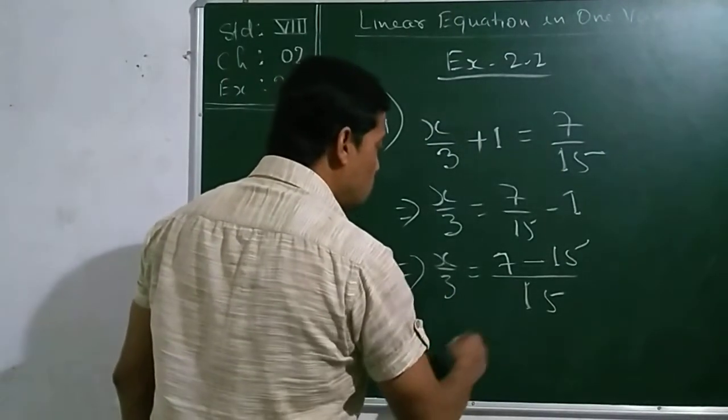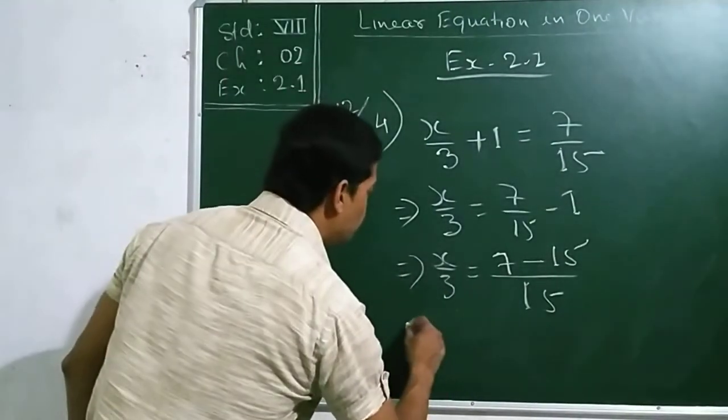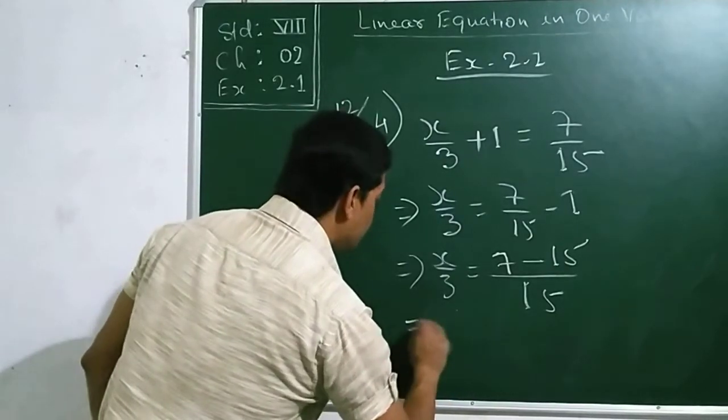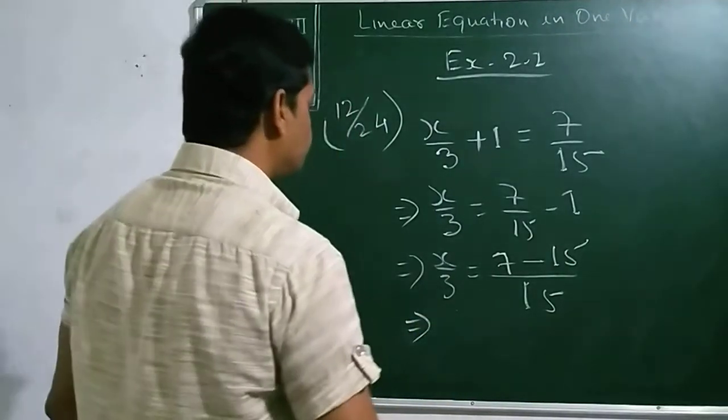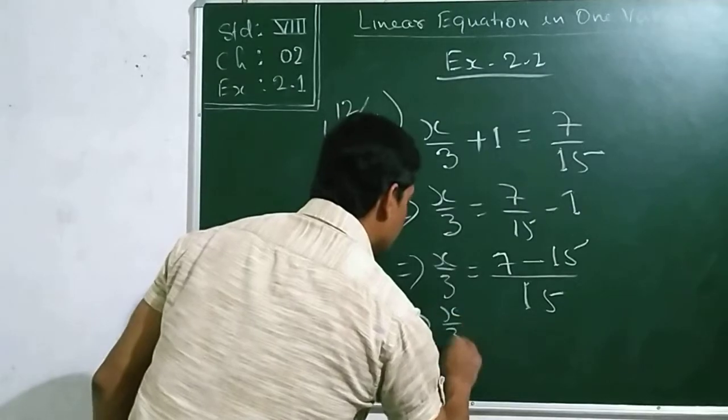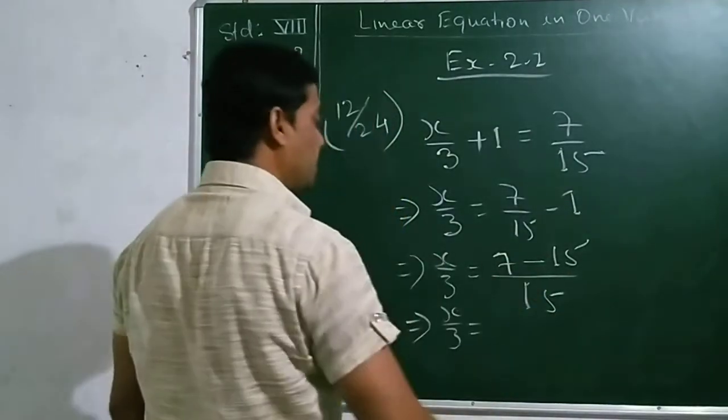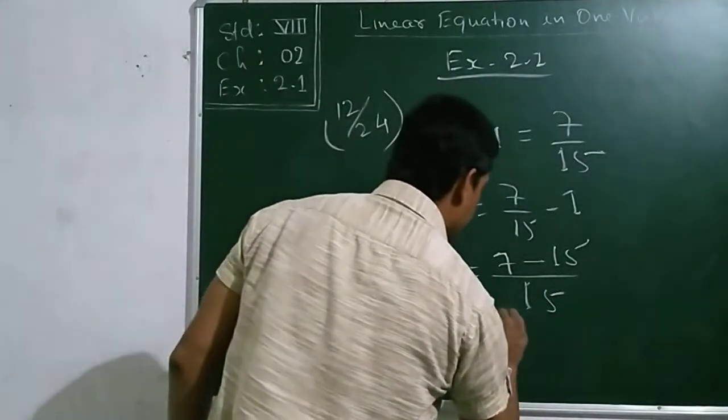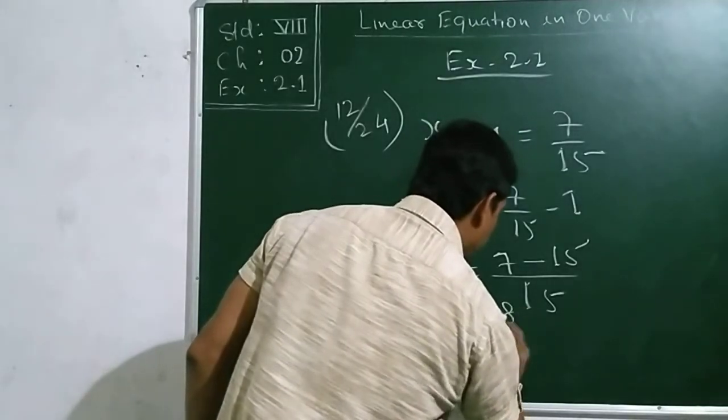X by 3 equal to 7 minus 15 by 15. In the next step, we get x by 3 equal to 7 minus 15, that is minus 8 by 15.